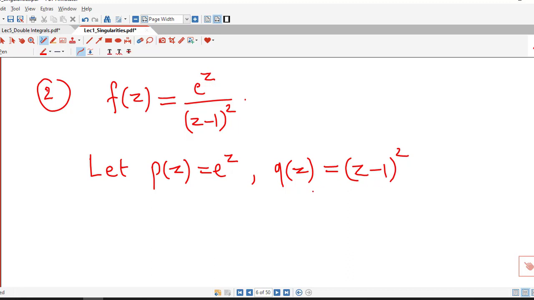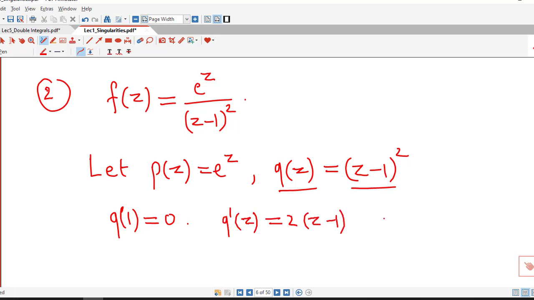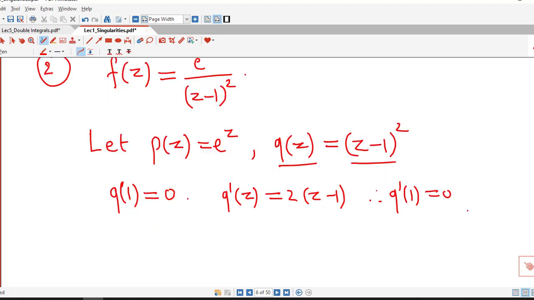at every point, and from this we can obtain that the value of q of z at z equal to 1 is 0. And if we consider the first derivative, it is 2 times z minus 1, so q dash at 1 is also 0.